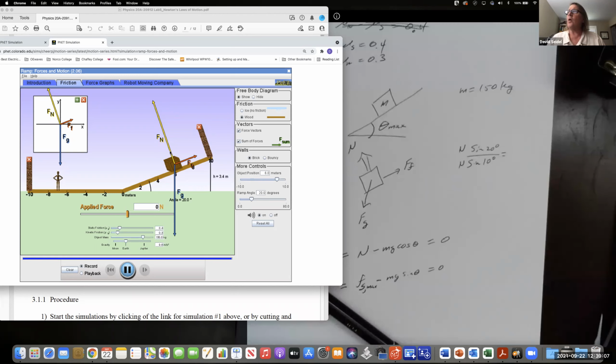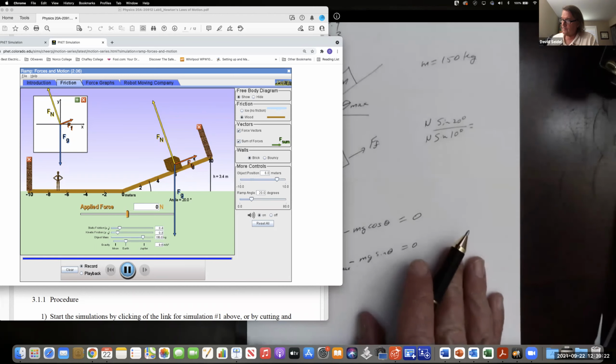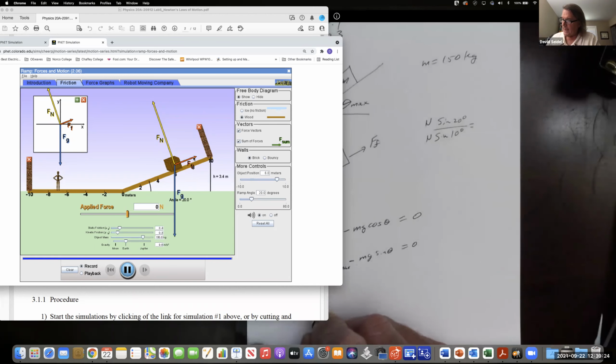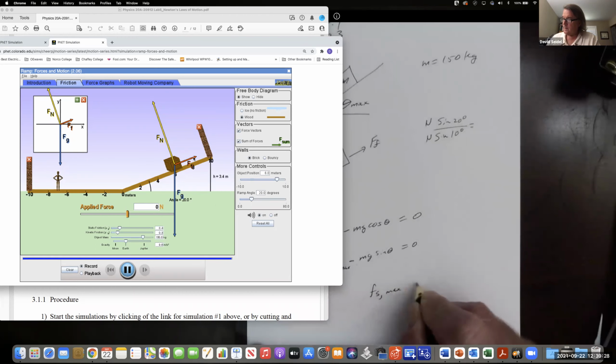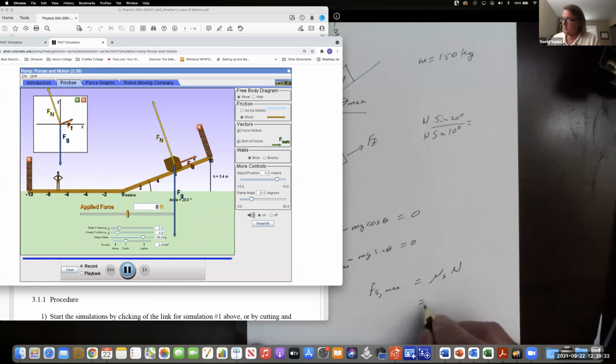The more that I drive it up, the maximum that this can get to, F sub S max, is right when it breaks through. So F sub S max equals mg sine theta. But F sub S max is equal to mu sub S N, which is equal to mu sub S mg cosine theta.